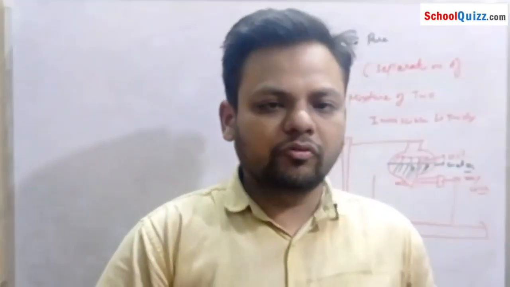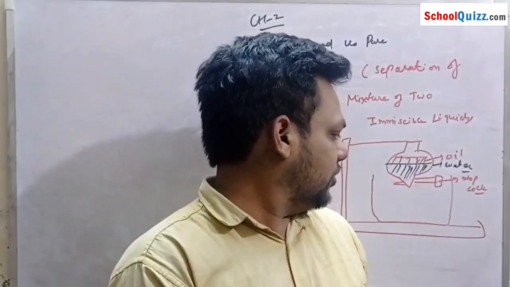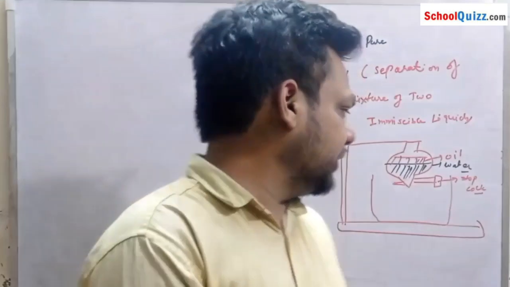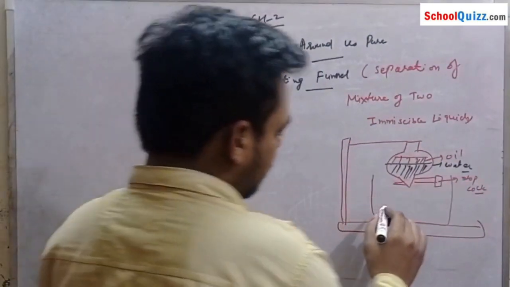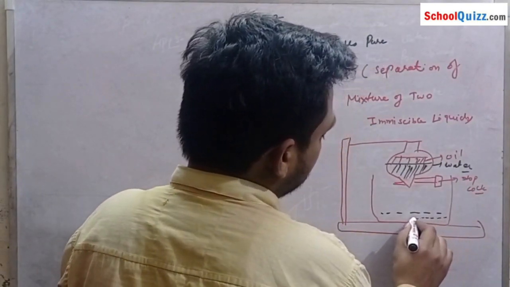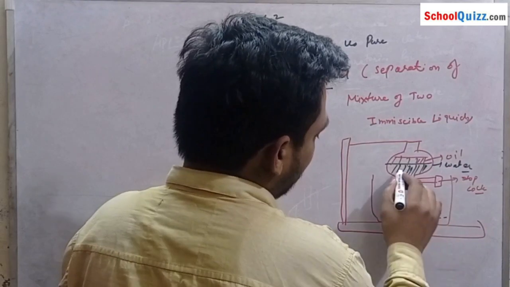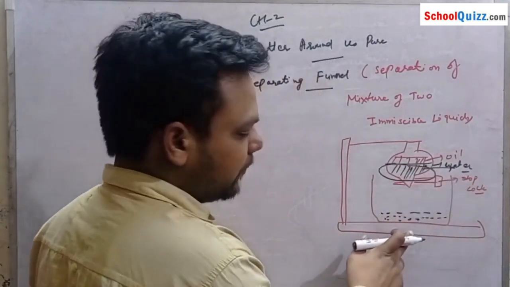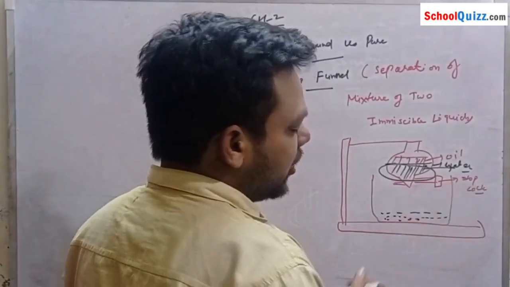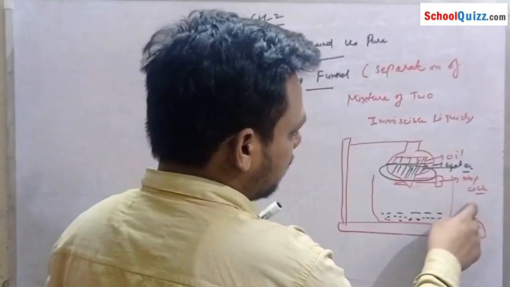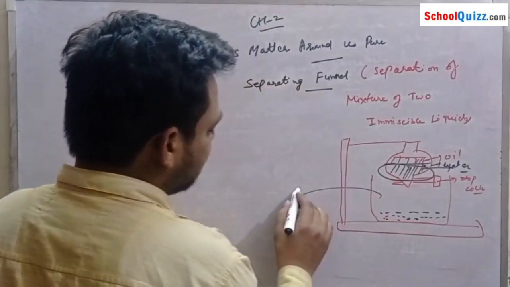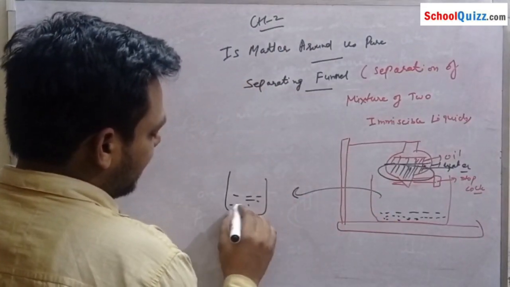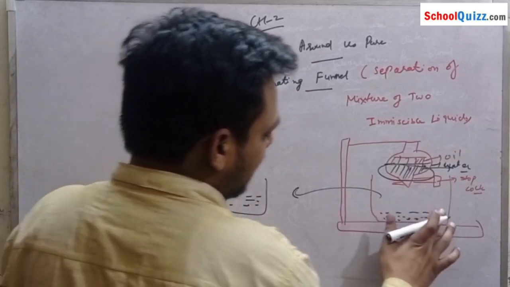So what will we do? We will open our stopcock, and as water is at the bottom, it falls down into the beaker. When all the water has collected in the beaker, we close the stopcock and set that water aside.